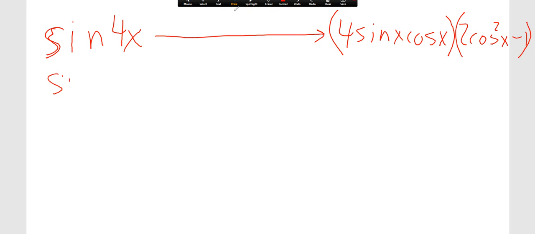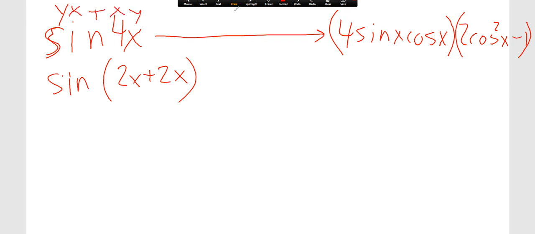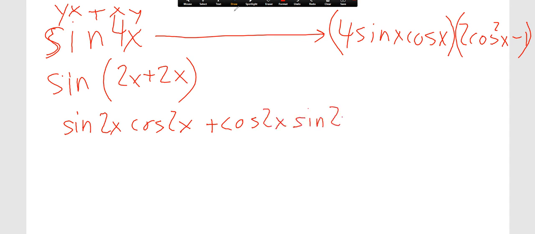Okay, I'm going to split 4x into 2x plus 2x. What's that give me? Well, I can use the sine sum formula. Isn't that the one that was like y, x, same sign, x, y? Okay, so y of the first angle, x of the second angle, plus x of the first angle, y of the second angle.